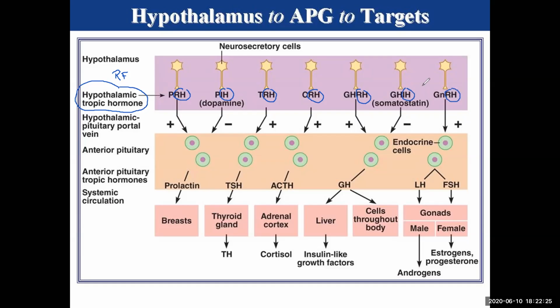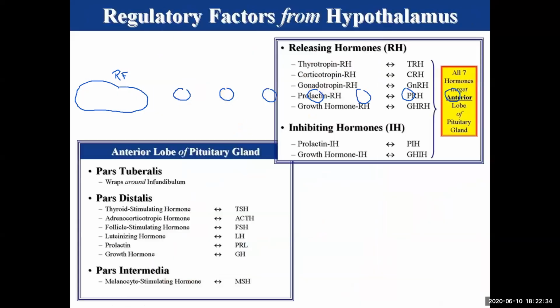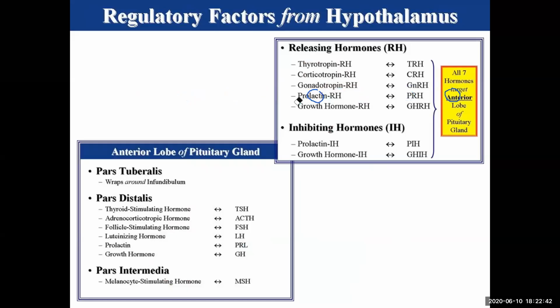Okay. Let me go back. I think I forgot something. I did. I forgot to mention the inhibiting hormone. So the regulatory factor is known as inhibiting hormones. If the hypothalamus sends prolactin inhibiting hormone to the anterior pituitary gland, then the anterior pituitary gland will stop producing prolactin.